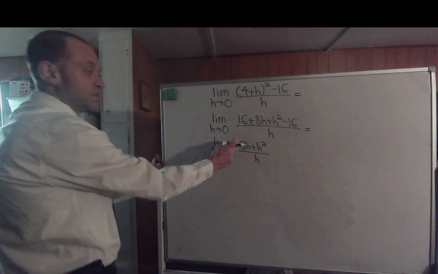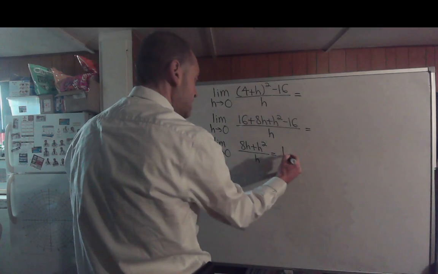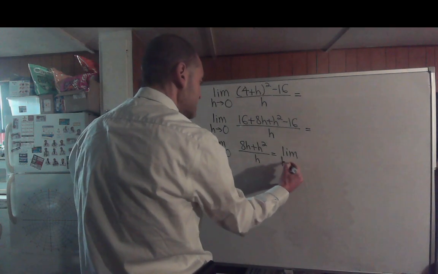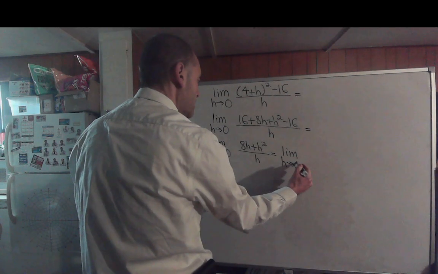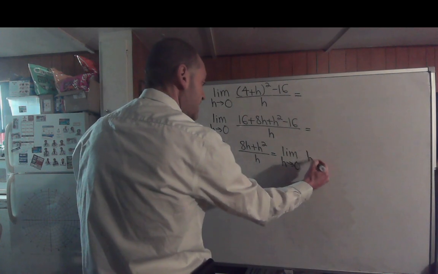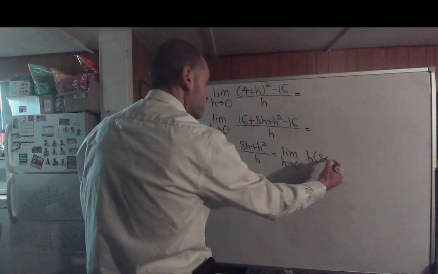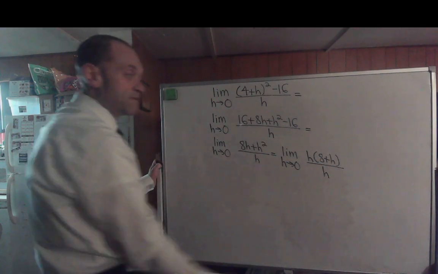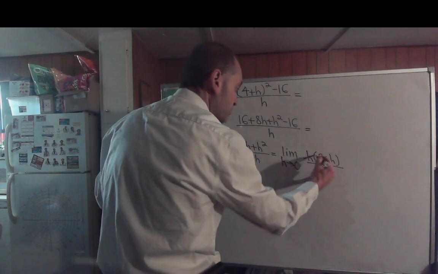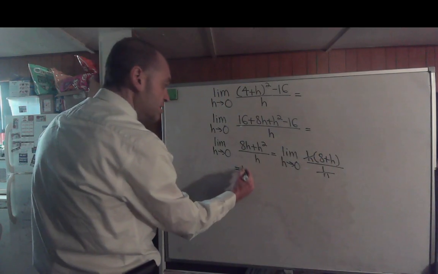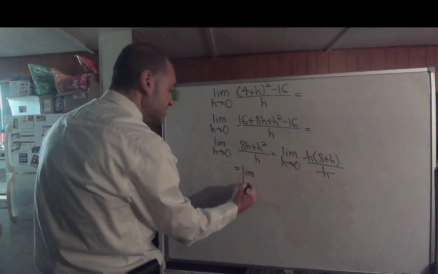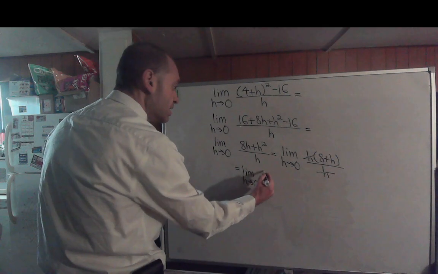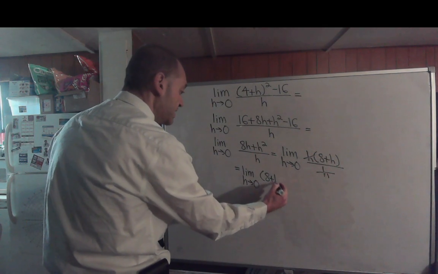Well, notice in the numerator you can factor out a common h. You'll have the limit as h approaches 0 of h times (8 plus h) divided by h. And now you can factor out an h between the numerator and denominator. This would just turn into the limit as h approaches 0 of 8 plus h.